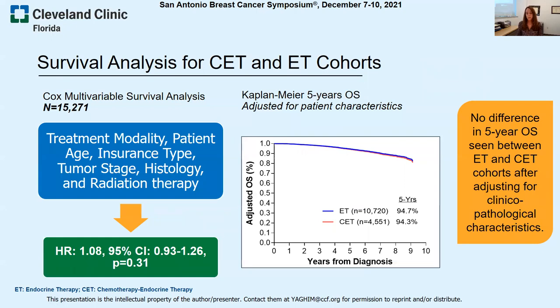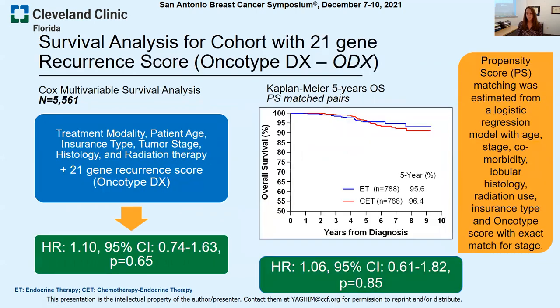After adjustment for such characteristics in a multivariate survival analysis, in the 2 groups, there was no difference in 5-year overall survival observed between the endocrine therapy and chemoendocrine therapy cohorts, which together totaled more than 15,000 patients. Their next multivariate survival analysis incorporated Oncotype DX scores, which were available for roughly 1/3 of the patients in the 2 cohorts of interest.